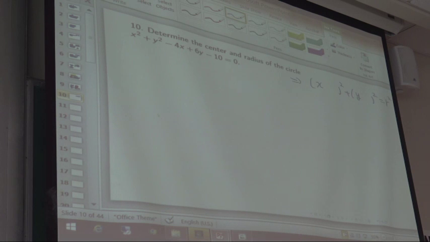So to do that, we group the x term, which is x squared minus 4x, and the y term, which is y squared plus 6y, and minus 10 is equal to 0. Just rearrange and group the x term and the y term together.